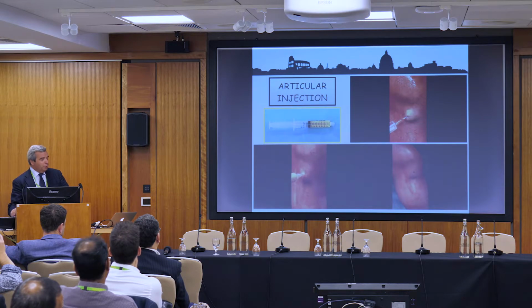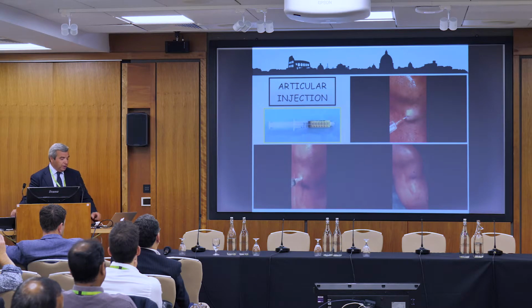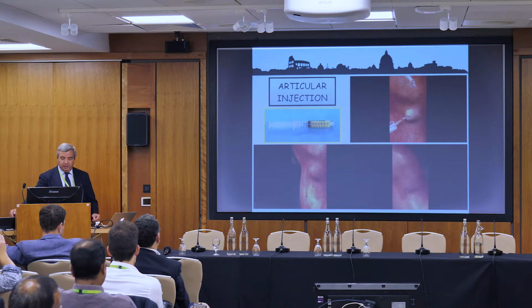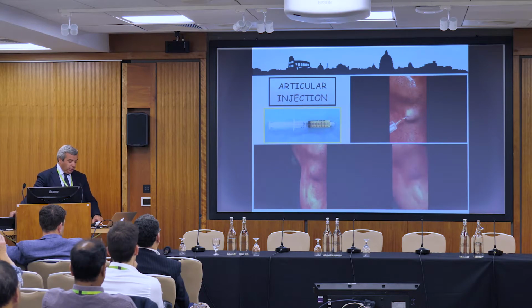I prefer the lateral compartment. It's easy to fill. You see, there's no resistance, so the infiltration is quite easy. And then obviously I retain, very important, doing some rotating movements in order to diffuse the fat inside all the joint. And this is obviously the easy use as an articular injection.